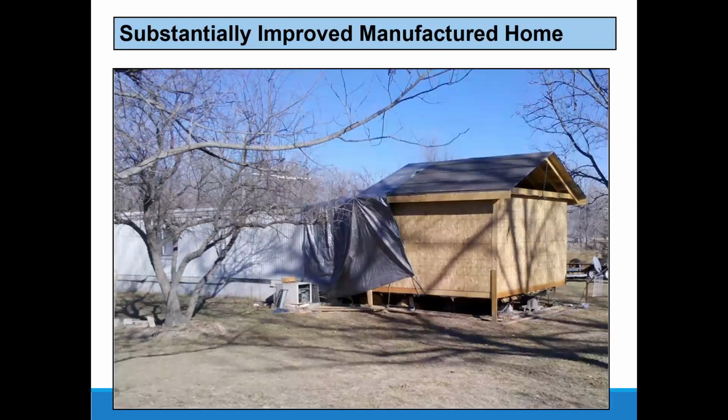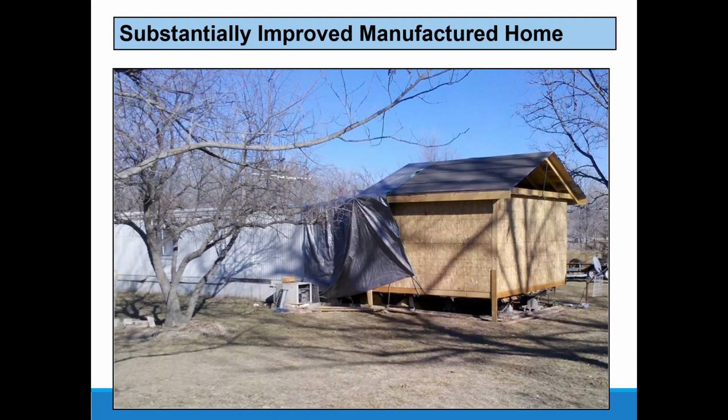Manufactured homes, going back to that, are typically worth less than your traditional stick-built construction. Their threshold for hitting substantial improvement or damage is 50% of the market value. If it exceeds that, it's considered substantial improvement, or substantial damage if it's been damaged.